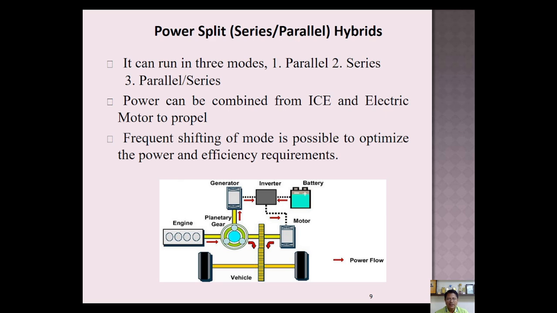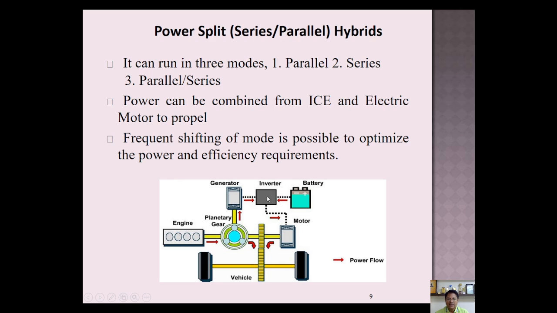If you look at this picture, the engine is connected through a planetary gear system to a generator as well as driving the vehicle, that is the end drive or final drive you can say. So the engine can directly run the final drive or it can source the energy to the generator.